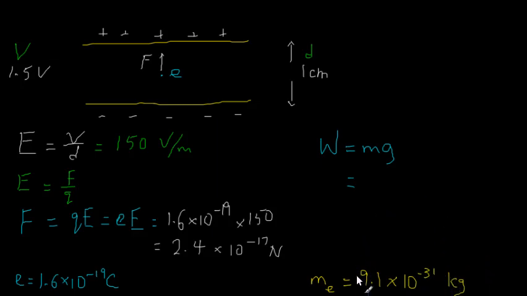If I want to calculate the weight of this electron, I would use this formula. So let me substitute this into the m: 9.1 times 10 to the minus 31 times g, which is 9.81.